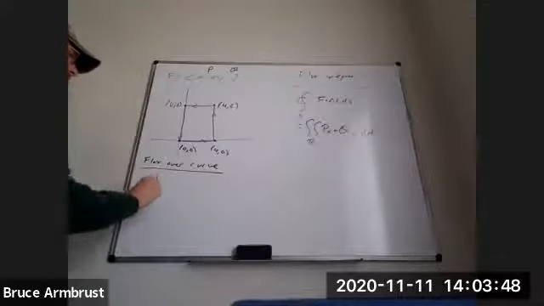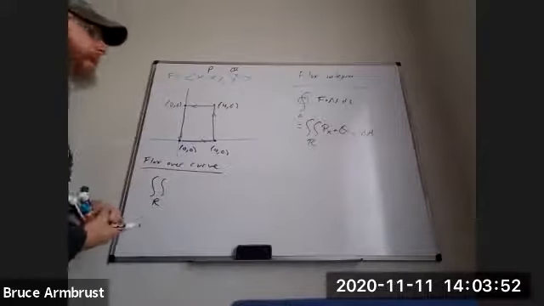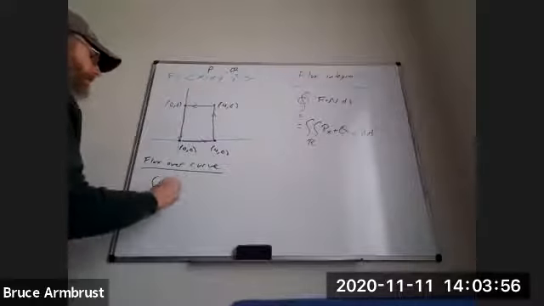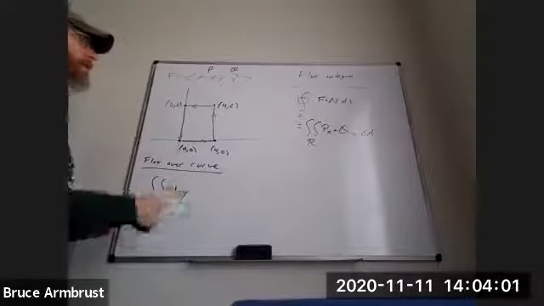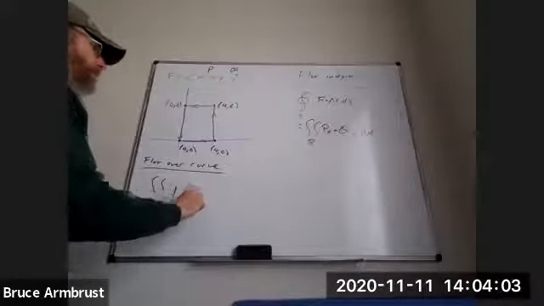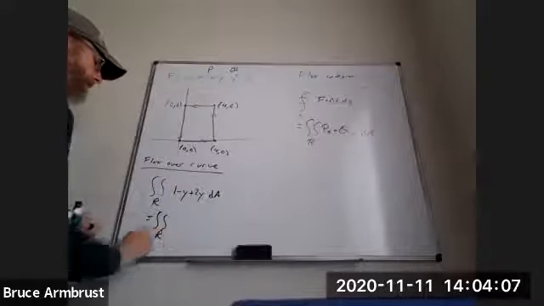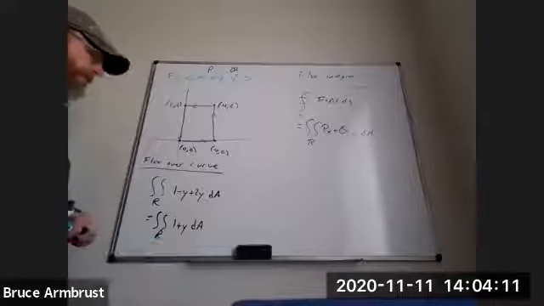All right, so we're still going to do a double integral over this region, but now we need Px plus Qy. So Px is going to be 1 minus y. Qy is 2y. So we're going to be integrating over this region 1 plus y dA.